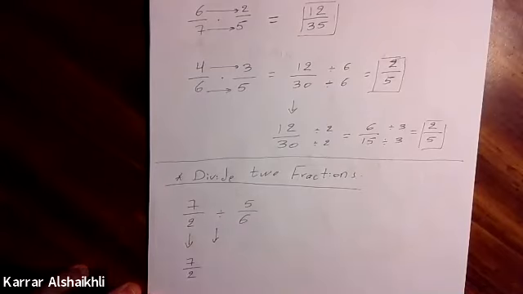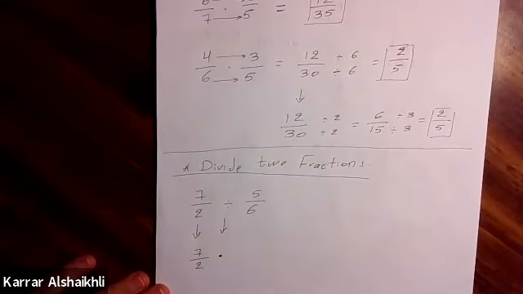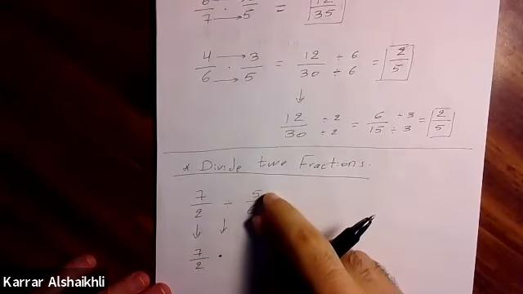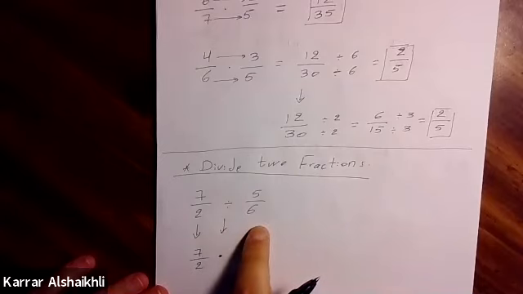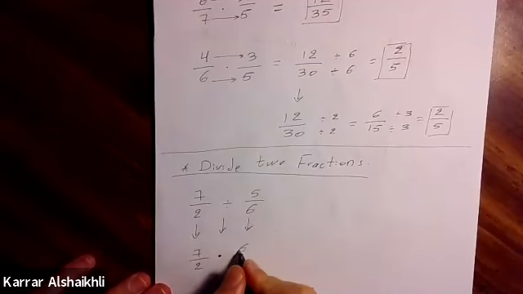Convert the division to multiplication. Take the reciprocal for the second one. The reciprocal for 5/6 is going to be 6/5.